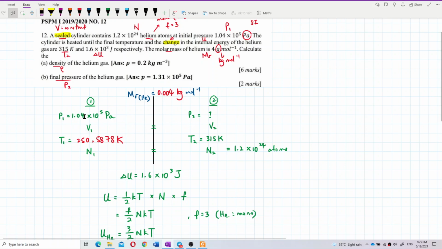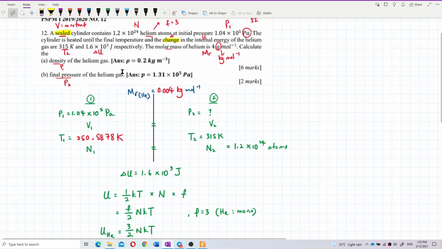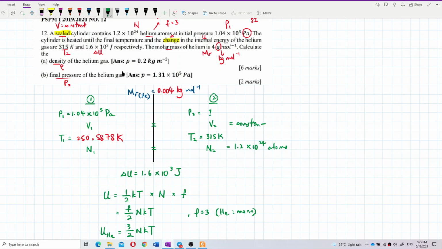Volume is constant for both because it's a sealed cylinder, right? So this volume is constant. We need to find out this value, volume. Because once we know volume and we also find the mass, we just use mass divided by volume, we get density. So don't think about it so much. First, find the volume.